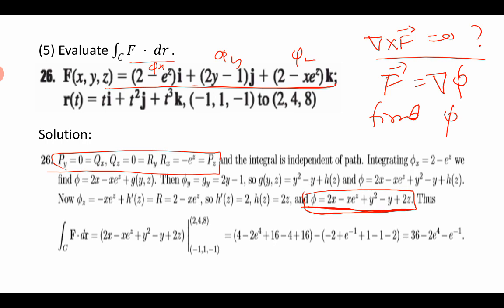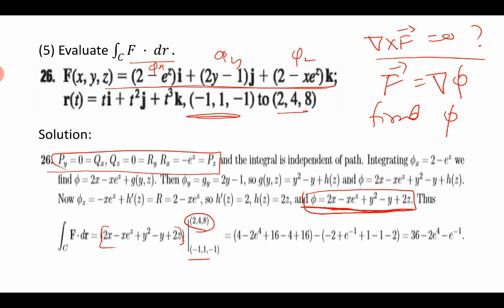Now when you find phi, obviously the upper limit is (2, 4, 8) in the phi. Substitute the upper limit (2, 4, 8), and again the lower limit is (-1, -1, 1). That's it. We don't want this r actually. In this method you can solve.